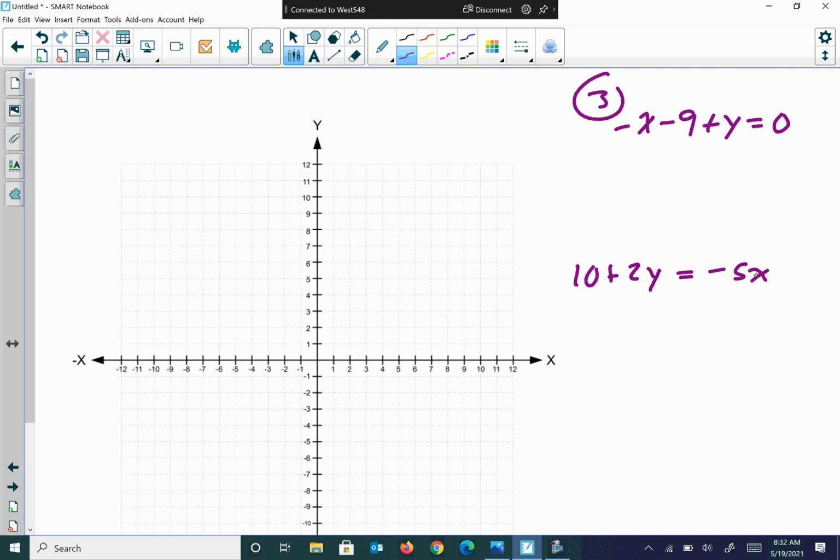Okay, so we might have to manipulate the problem a little bit. We can maybe change this one. We'll maybe add 9 to both sides. And once we do that, the cover method will work. So 0, blank, blank, 0. So I'll cover up the x, so I get 0, 9. Cover up the y, -x equals 9, so -9.